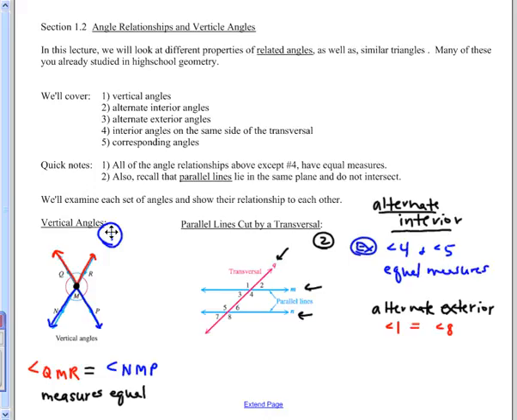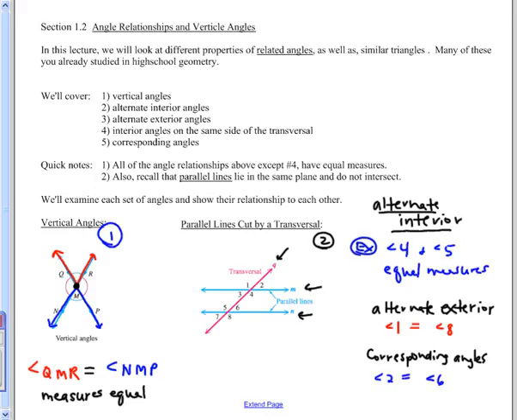Now I'm going to skip the interior angles on the same side of the transversal for just a minute, and go on to corresponding angles. Corresponding angles are sitting in the same place relative to the parallel lines and the transversal. For example, angle 2 and angle 6 are corresponding.